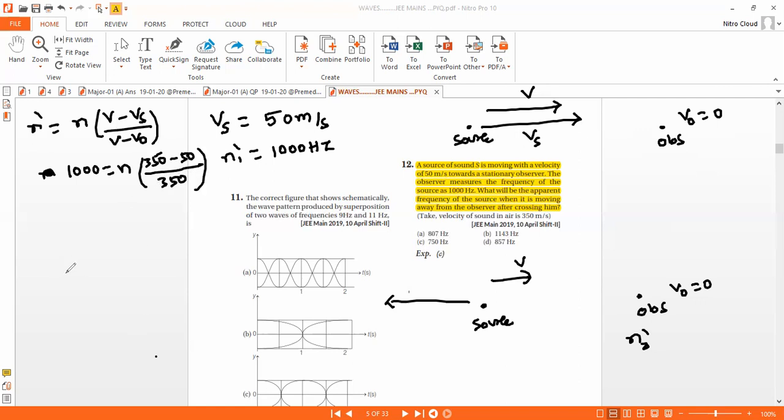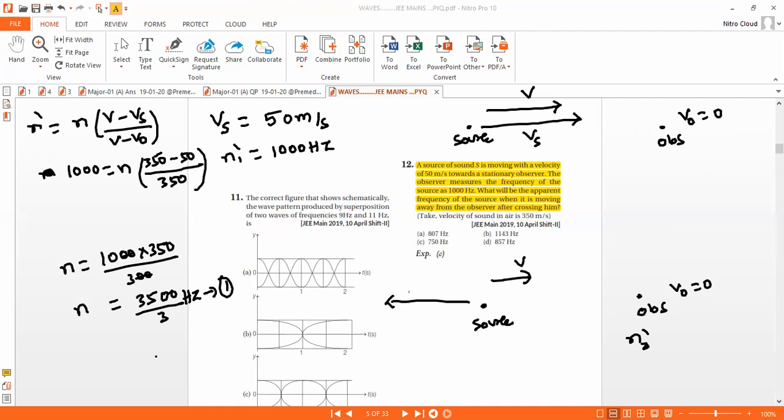So n is equal to 1000 into 350 by 300. So it is approximately 3500 by 3 hertz, called as equation 1.